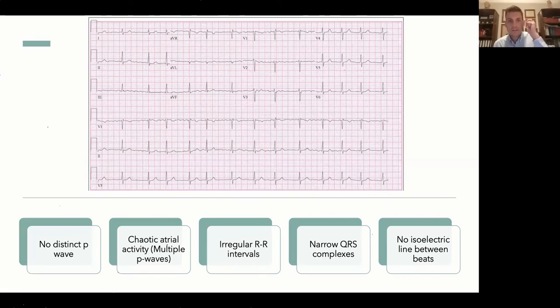Keep in mind, you need to understand all these parts. And I will not stop with this slide until everyone understands this. Does anyone have a question about atrial fibrillation? What does it mean?